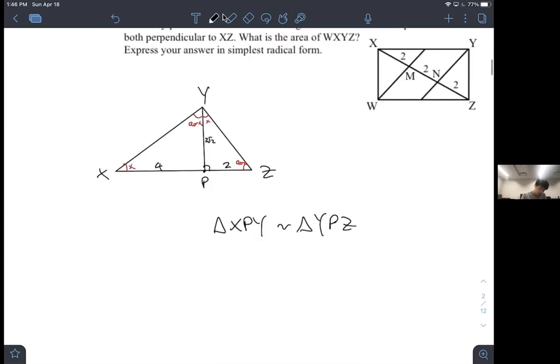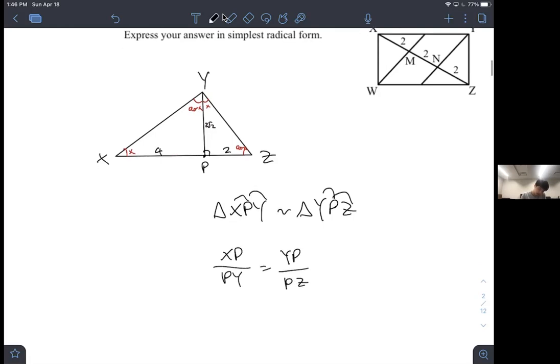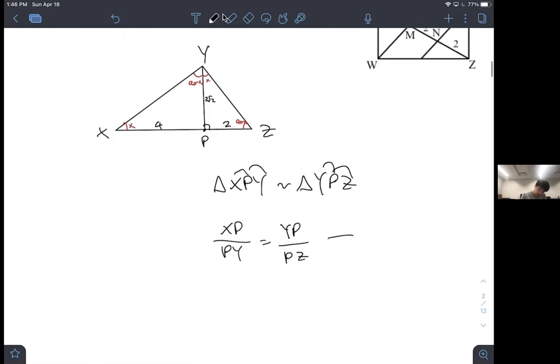And because of that, we have that XP over PY is equal to YP over PZ. This means that PY squared equals XP times PZ, which equals 4 times 2, so PY equals 2 root 2.